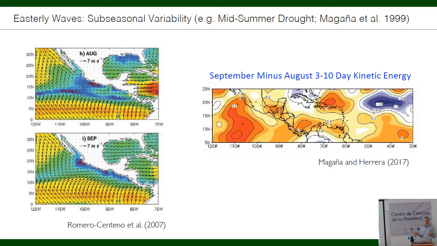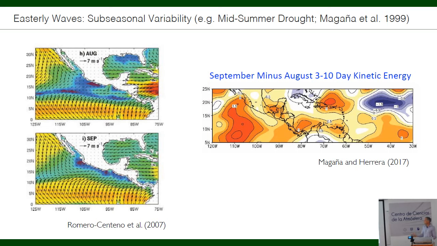This is a climatology during August, and this is a climatology during September, and you can see that the Caribbean low-level jet and the low-level easterly flow in the Eastern Pacific are stronger during August than in September. So there are variations associated with the jet that produce variations in the strength of easterly wave activity, shown on this anomaly plot here.